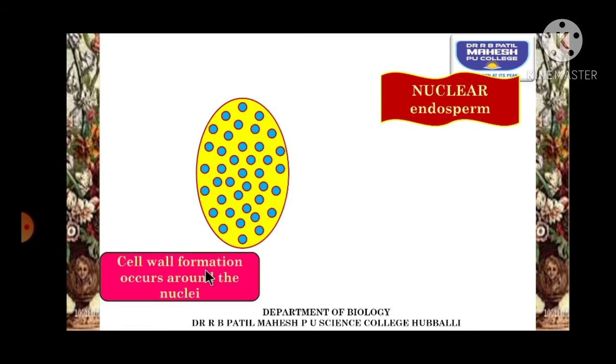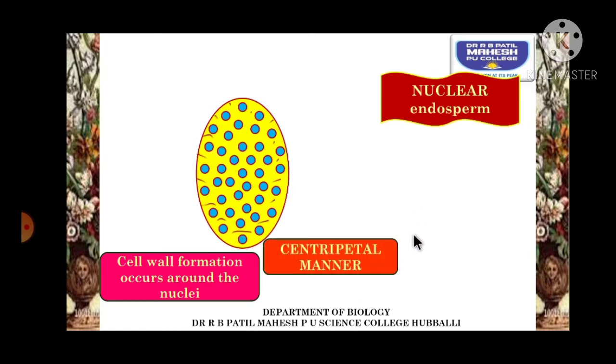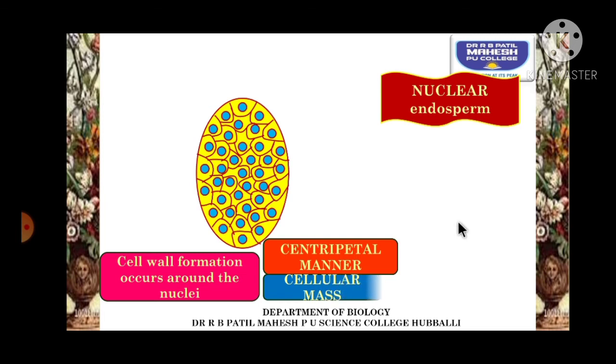See here, cell wall formation occurs around the nuclei in a centripetal manner. If there is a formation of the cell wall, then it is called a cellular endosperm.